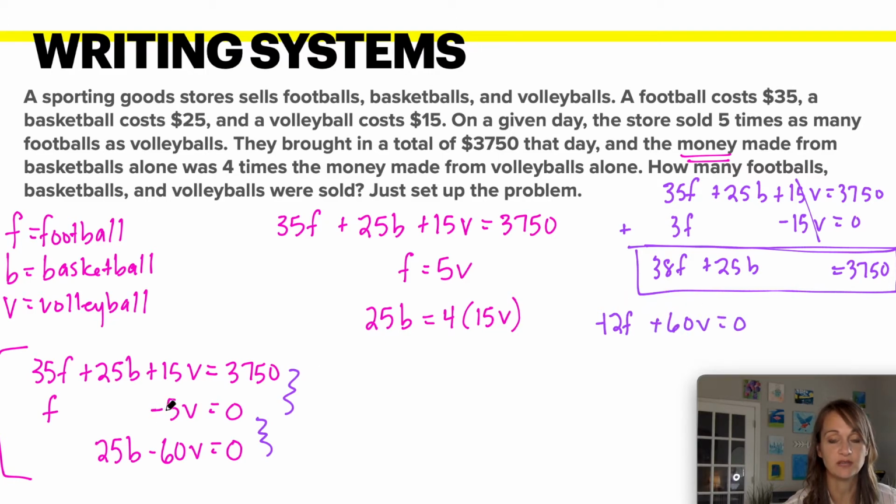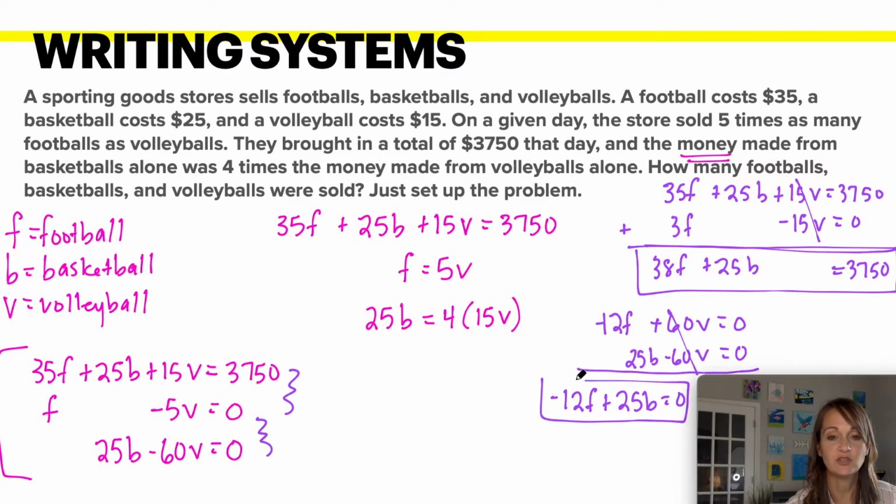And then I'll get 25B, which goes in the middle, minus 60V equals 0. When I add these together, the V's cancel, leaving me a negative 12F plus 25B equals 0.